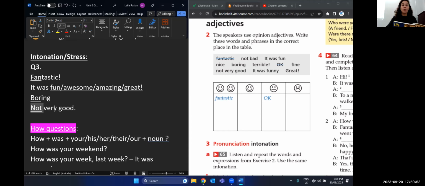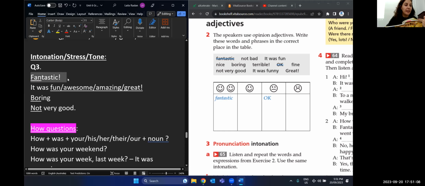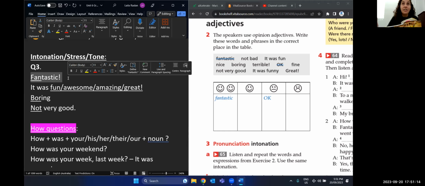So now we know what intonation means, or another word for it is stress or tone. Tone. And we know when to push the certain voice and why. Because if Ronan said to me, how are you today? And I said, fantastic. Then he could say, are you sure? You don't sound very good. So even though I said the word fantastic, which is more than great, my voice didn't show that.